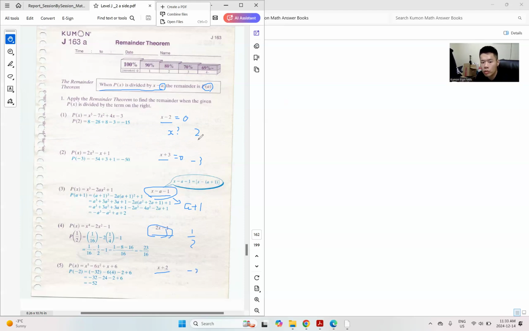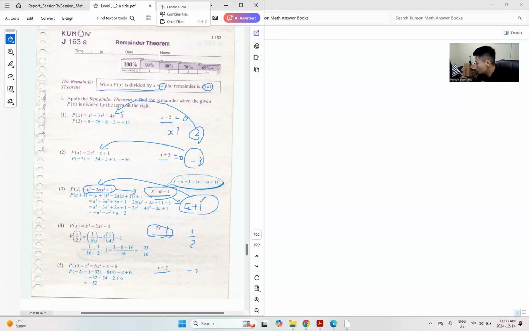So what you want to do is substitute this into the equation. Substitute this into the equation. Substitute this into the equation. And you will be able to find out the actual remainder if you were using this equation to divide this one. That's the essential idea.